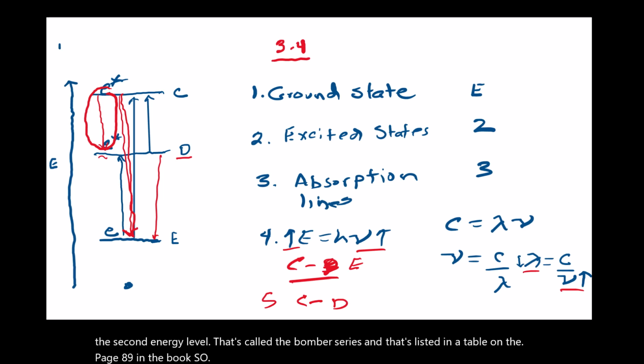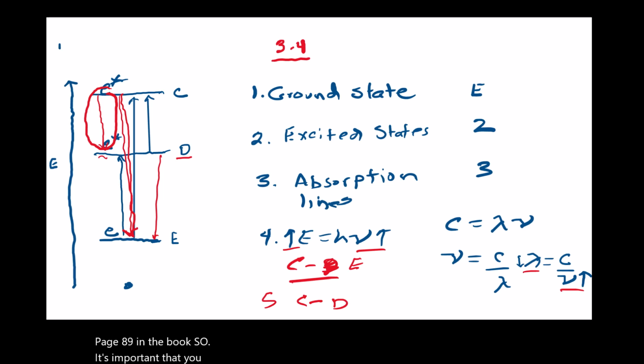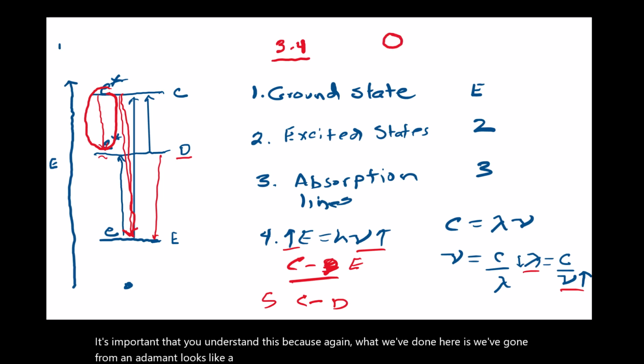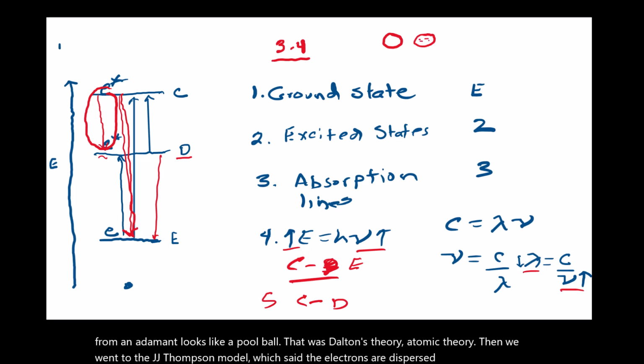It's important that you understand this, because what we've done here is we've gone from an atom that looks like a pool ball, that was Dalton's atomic theory, then to the J.J. Thomson model, which said the electrons are dispersed in this atom like raisins in plum pudding.